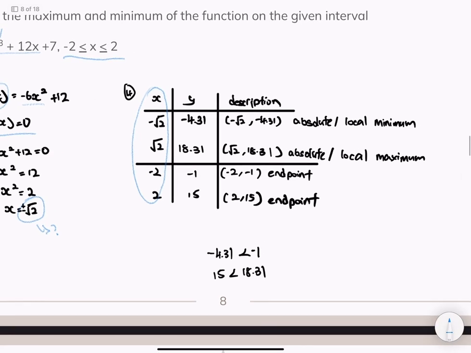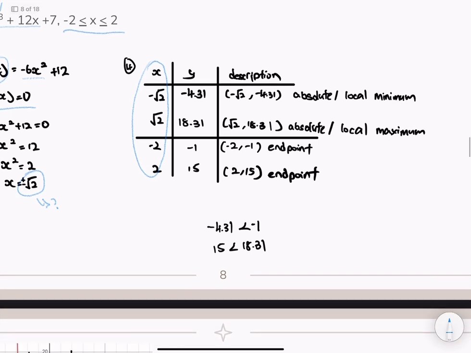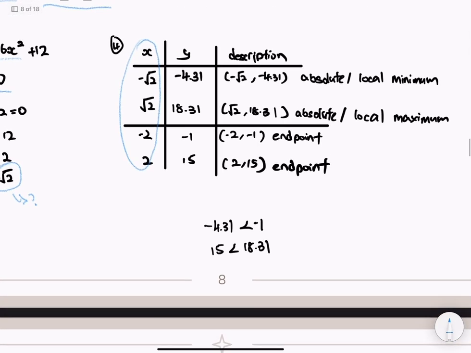For x equal to negative square root 2, y equal to negative 4.31 is the absolute or local minimum. It is because the endpoints are not the lowest point.